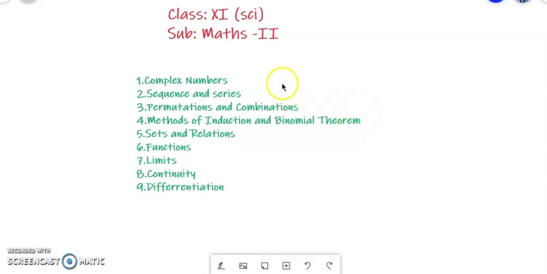In mathematics for class 11th science and arts, there are two parts. The syllabus is divided into two sections, section 1 and section 2.